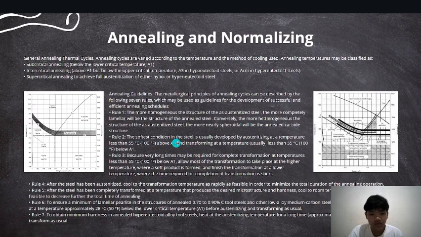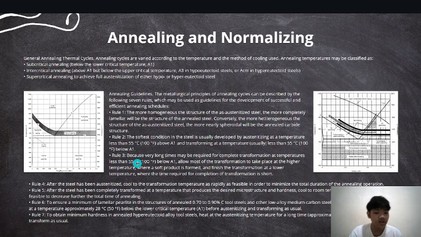The softest condition in the steel is usually developed by austenitizing at a temperature less than 55 degrees Celsius or 100 degrees Fahrenheit above A1 and transforming at a temperature less than 55 degrees Celsius or 100 degrees Fahrenheit below A1.